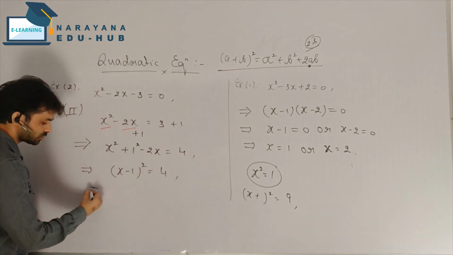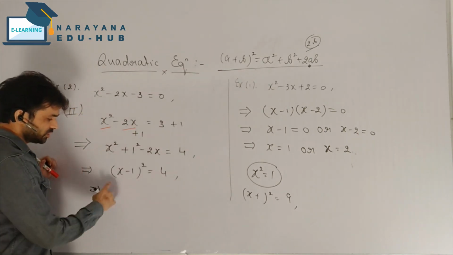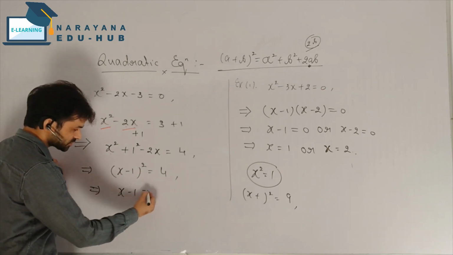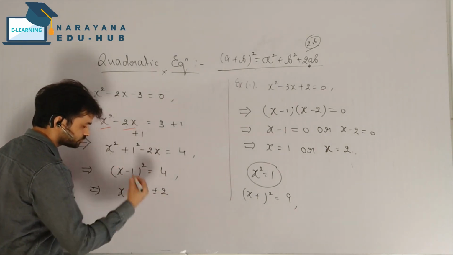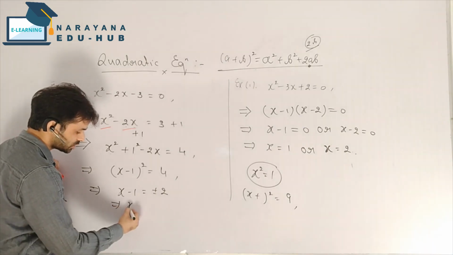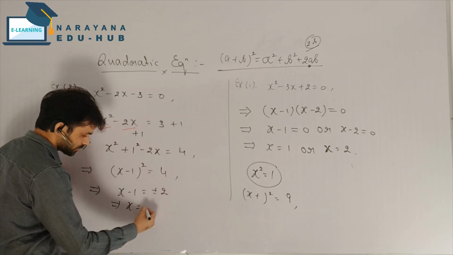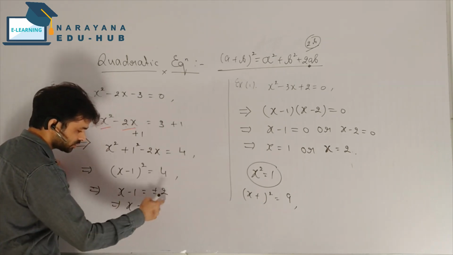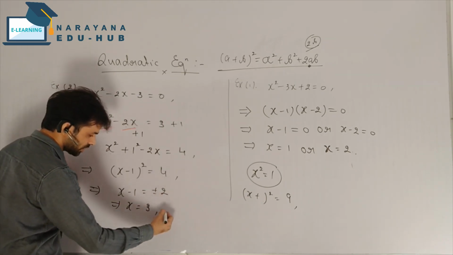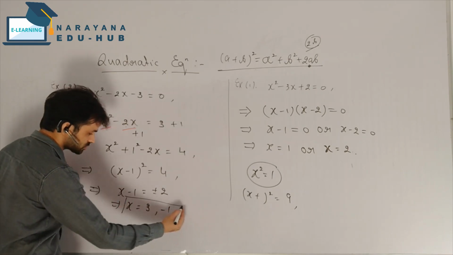Now we can solve this. x minus 1 is equal to plus minus 2. So x equals, add 1, and what you will be getting is 3 comma minus 2 plus 1, minus 1. These are the two values.